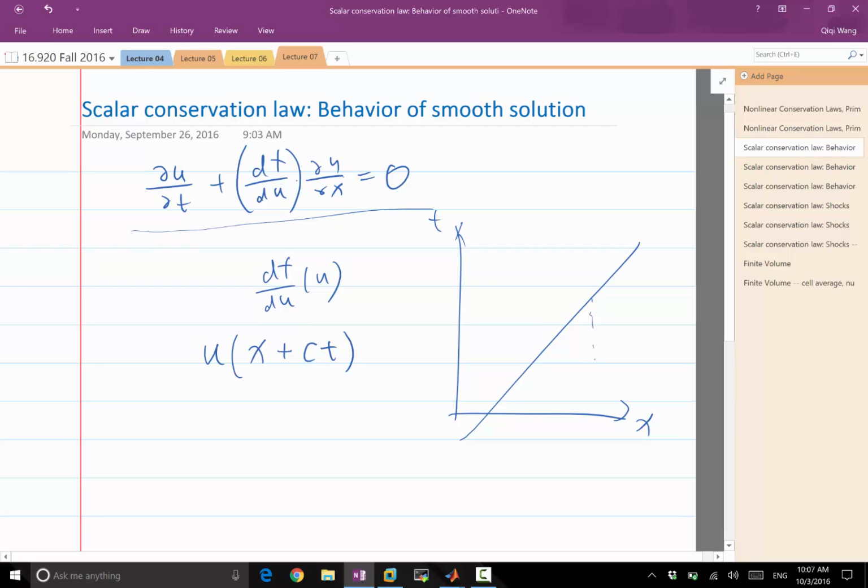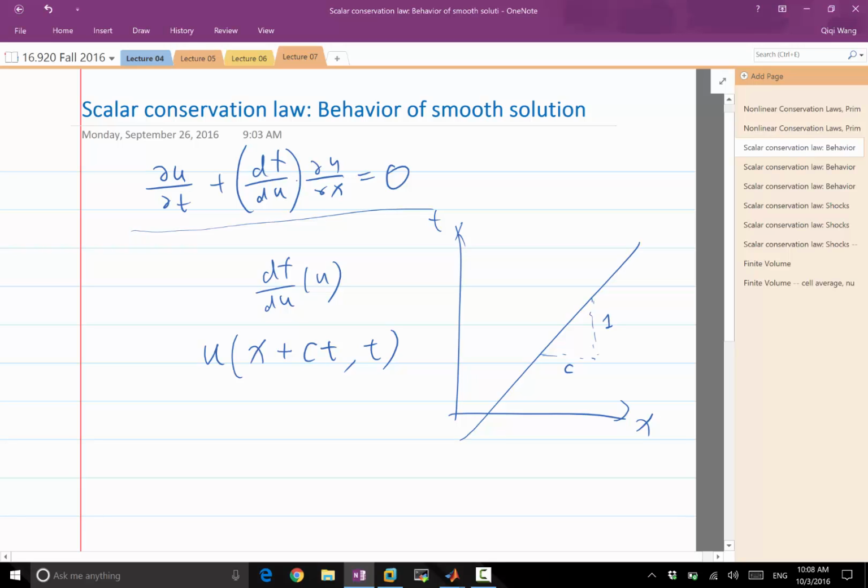So c is going to be the slope of dx dt. So basically this is 1 and this is c, right? It's not the slope, it's kind of the inverse of the slope. Now because I wrote u as a function of x plus ct, this is x, this is t.